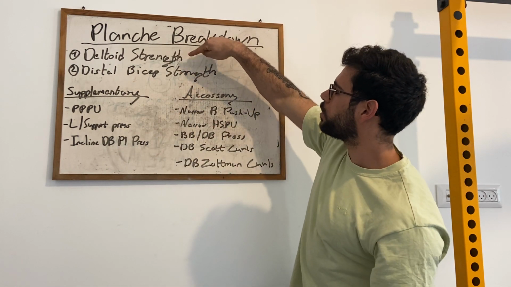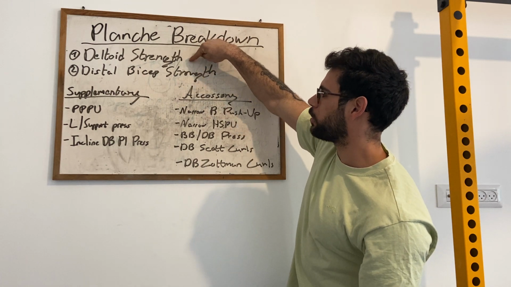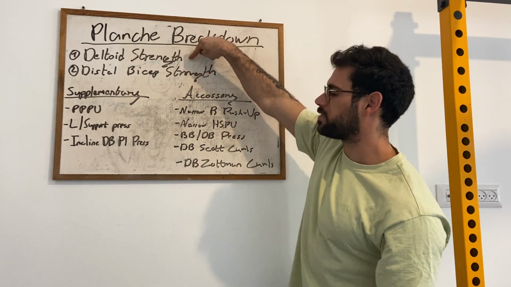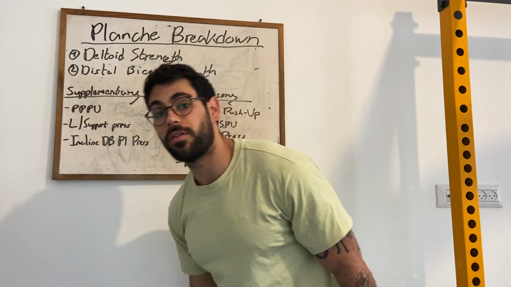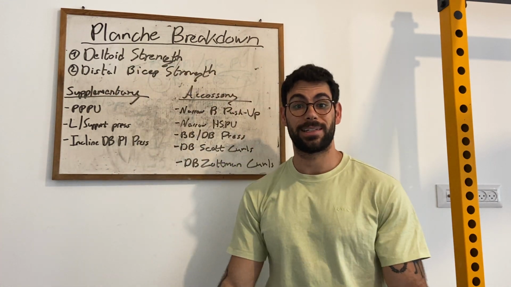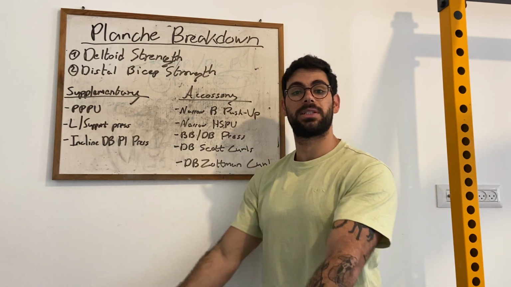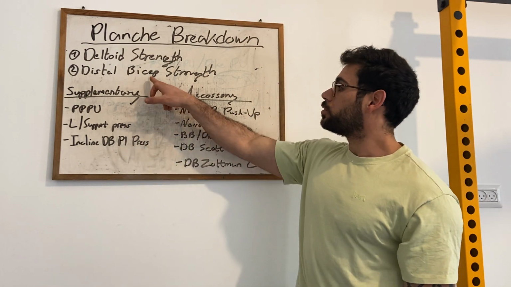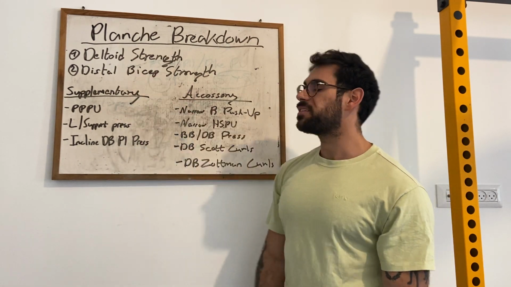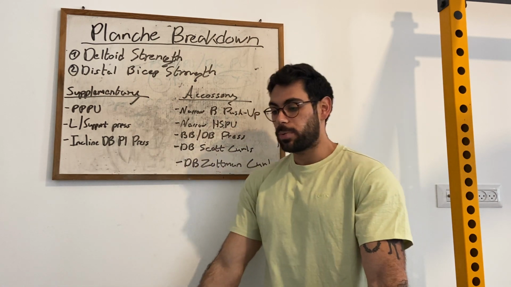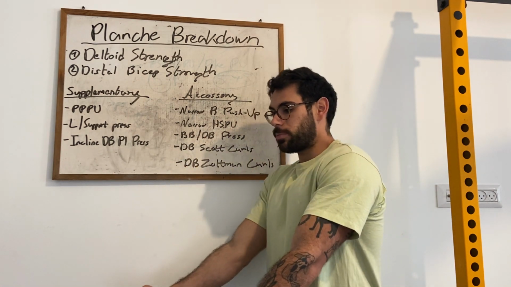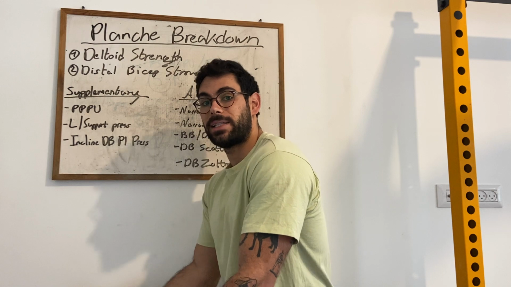Usually people who fail on the planche for lack of deltoid strength fall forward when they attempt the planche, but they will have completely locked arms. Those who are weak in distal bicep strength will get into position, and as they get into position, they slightly break their elbow.